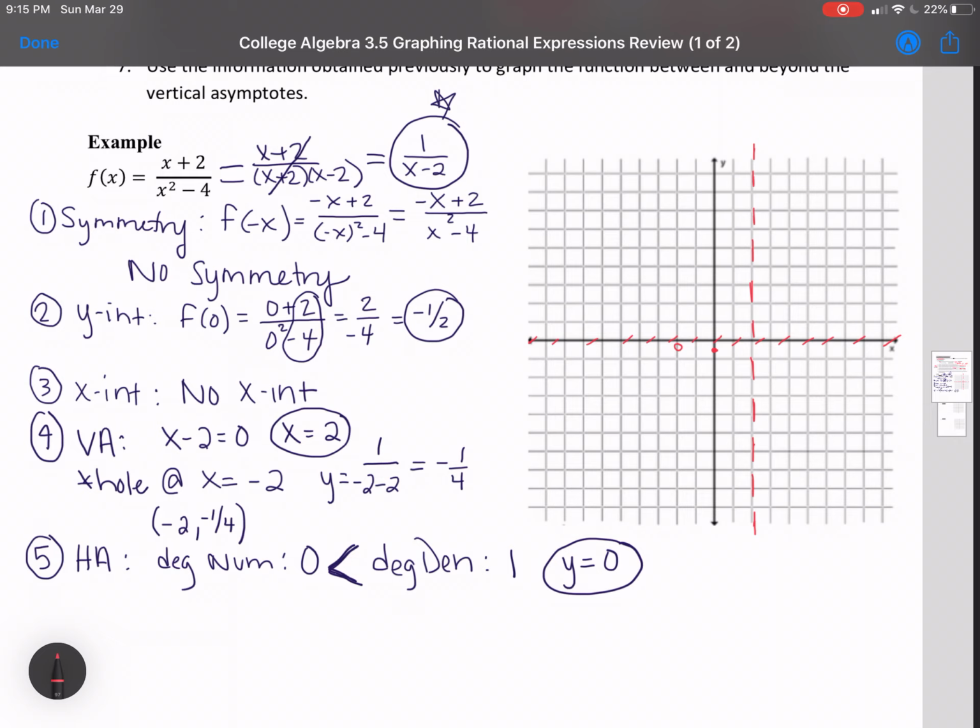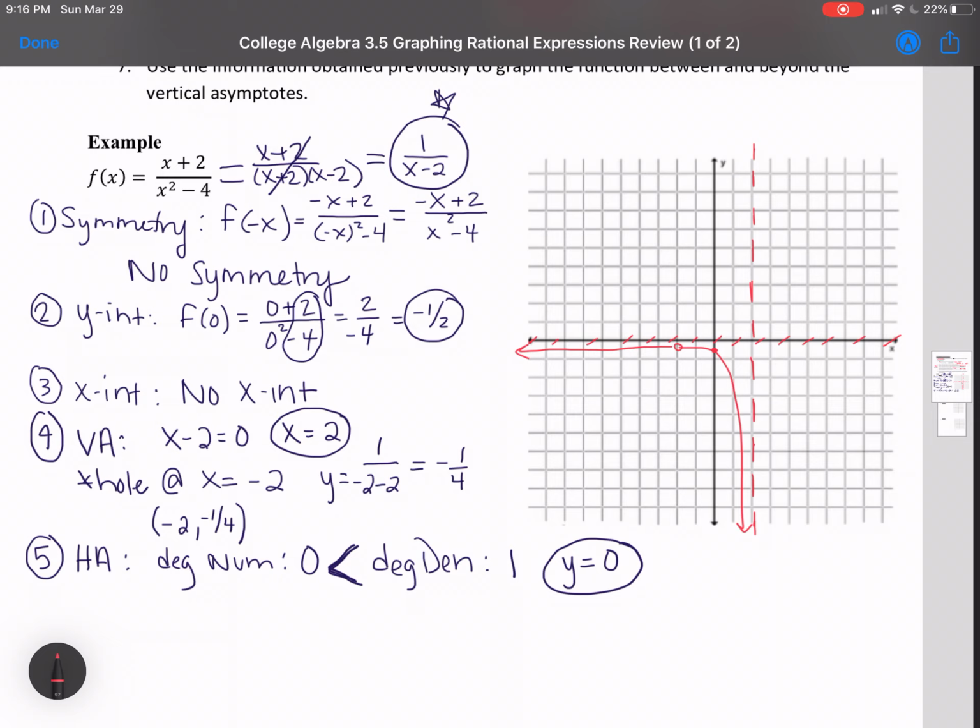Okay, so now we're going to graph this. Remember, we can only cross through points. So we know we're going to have to go down here, and then come across, go through our open hole, and not cross that horizontal asymptote.